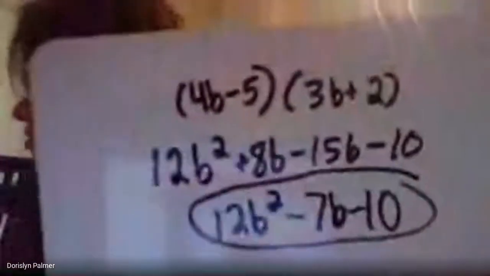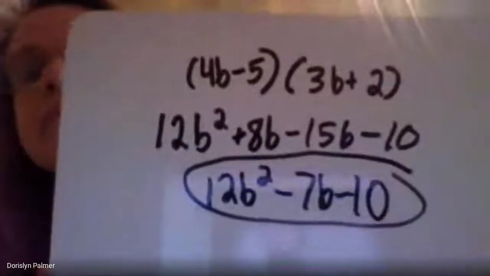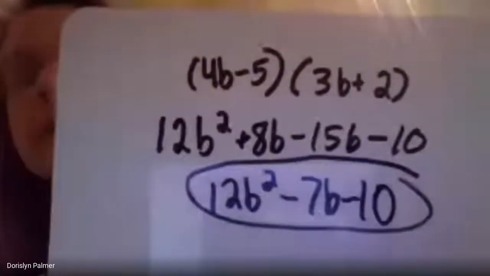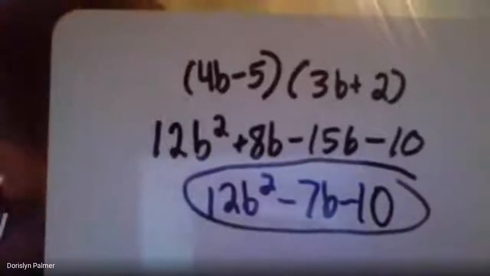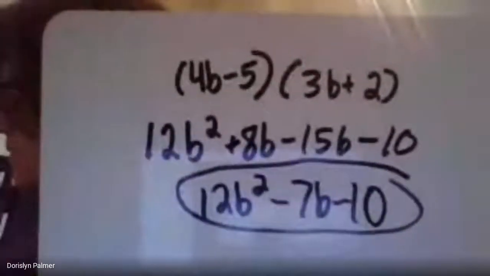And your inners, minus 15B, last minus 10. And you combine your inners and your outers for your final solution: 12B squared minus 7B minus 10. So I think you put that 12B squared and that minus 7B together, Nathan, because I think you said it was 12B instead of B squared.